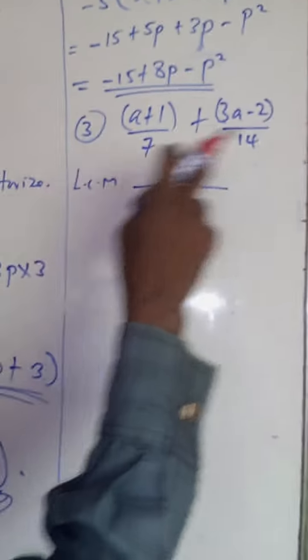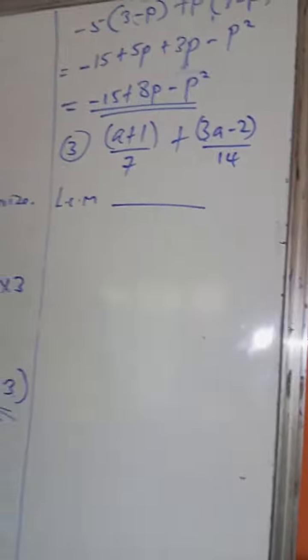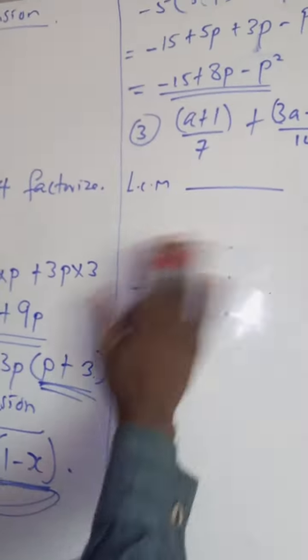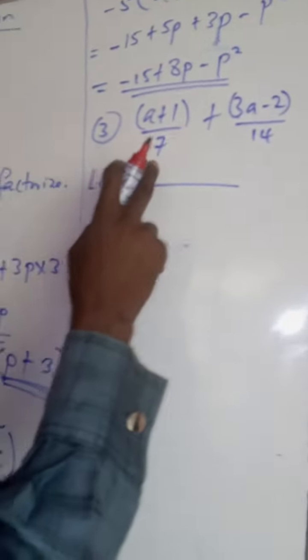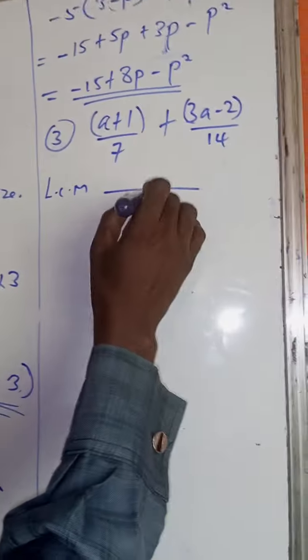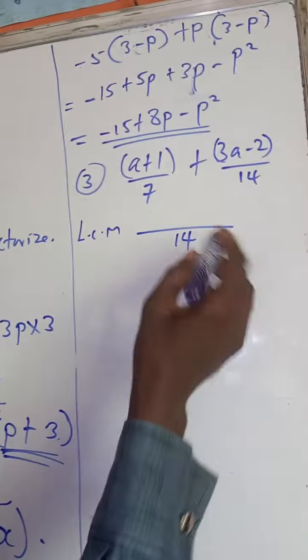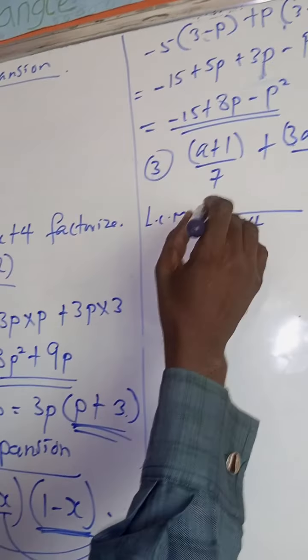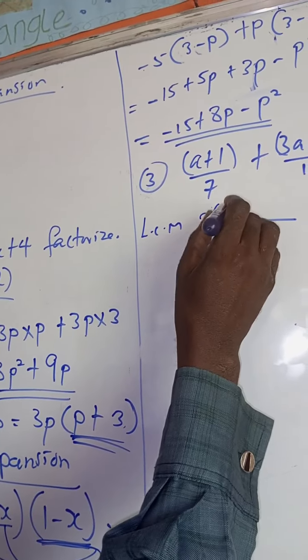You could do it in the normal way of LCM, fine. Or you could ask, can one of them divide the other without knowing that? Yes, 7 can divide 14, so I'll take the bigger one. How many 7s in 14? 2. I use it to multiply the whole of the bracket. So it will be 2 into bracket a plus 1.